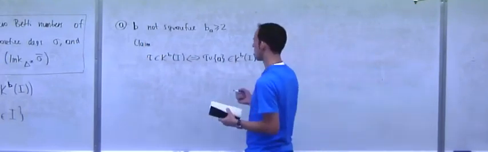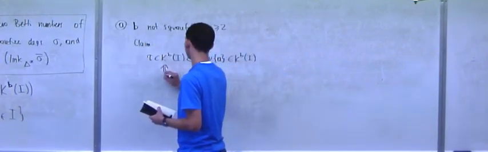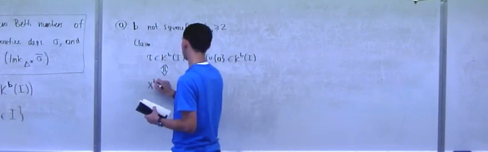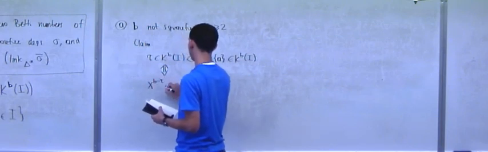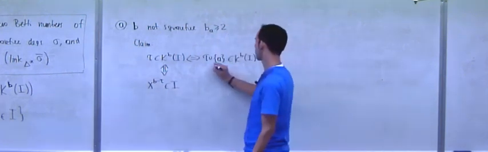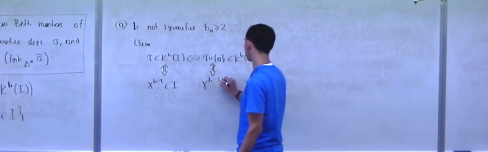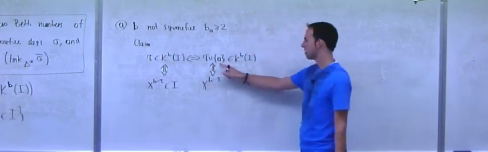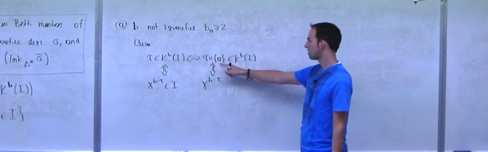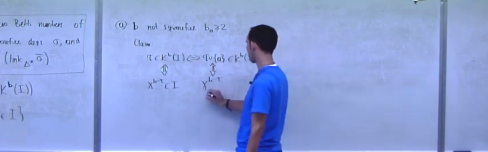So why is this true? Well, this is true because the definition of this is that x to the b minus tau is in I. Right? The definition of this is that x to the b minus tau minus a, and well, the effect of minus a is just dividing by x sub a, right?